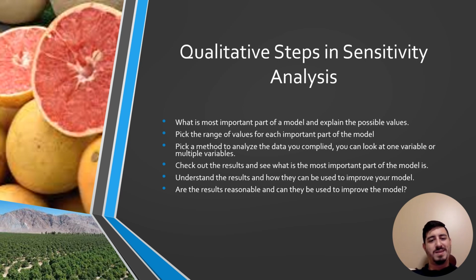So number 1, what are the important parts of the model, and explain the possible values. This is going to be variables such as the ranges of the sunlight that season, the amount of fertilizer, where the trees are, and the water availability. So number 2, pick the range of values for each important part of the model.